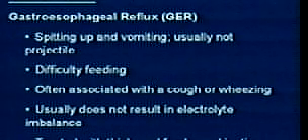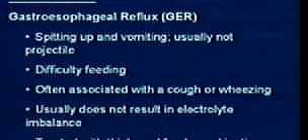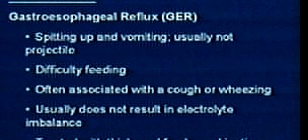We said that it's usually associated with a burp, and that there may be a history of difficulty feeding. It's often associated with cough or wheezing. And usually these children who have physiologic reflux do not have any abnormalities at all with electrolytes. So you wouldn't see an elevated BUN and creatinine. You wouldn't see a low sodium or evidence of dehydration. You wouldn't see a low bicarb.